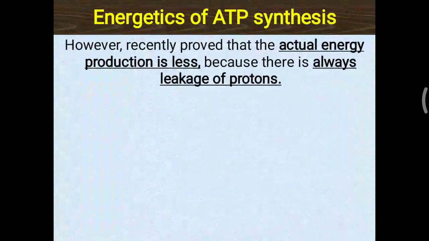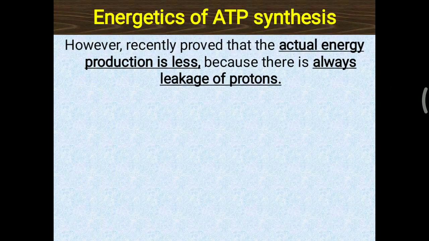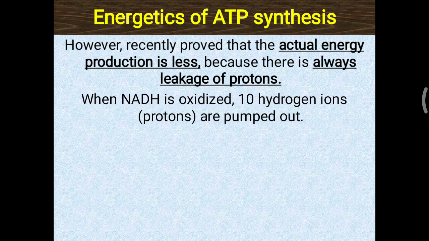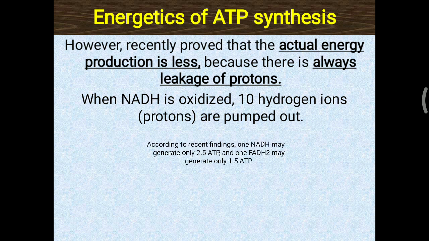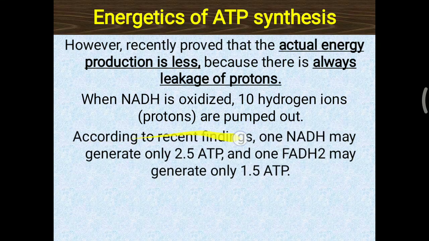But it has recently been shown that the actual energy production is less, because there is always leakage of protons. When NADH is oxidized, 10 hydrogen ions are pumped out, that is correct. But according to recent findings, with the leakage of protons, one NADH may generate only 2.5 ATP and one FADH2 only 1.5 ATP.